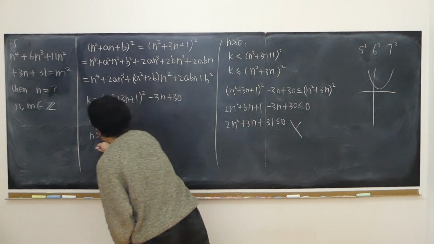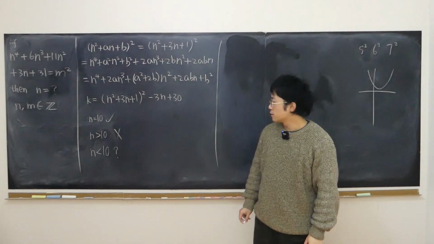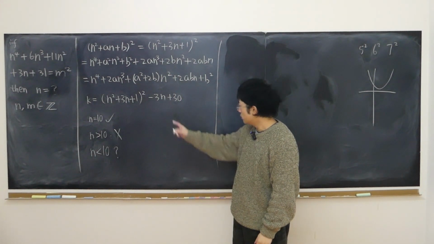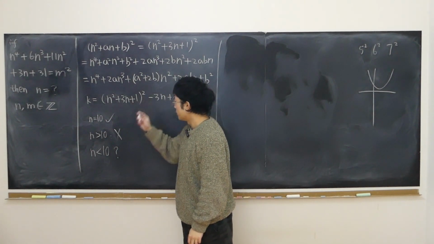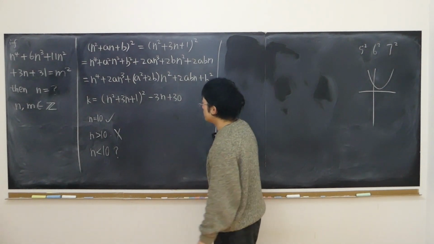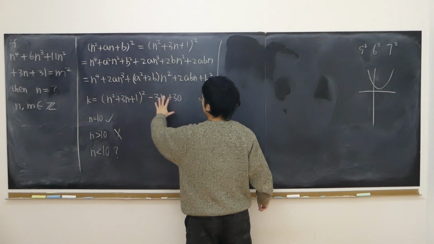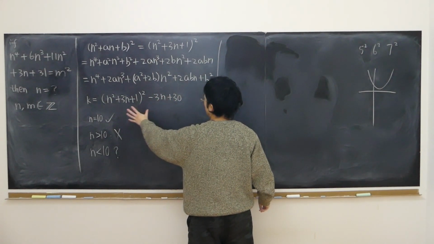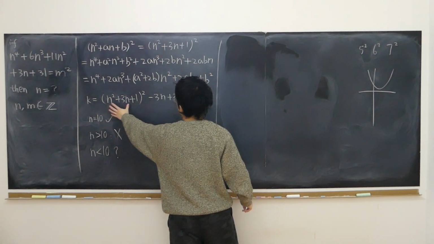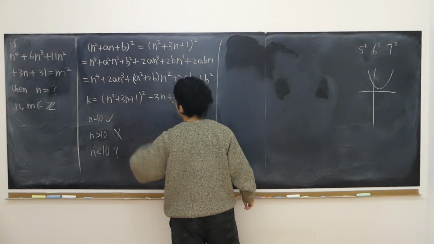How about when n is strictly larger than 10? We've just established it's impossible for n to be strictly larger than 10 and still make this polynomial a perfect square number. Not possible, because we've proven that in the end, this whole thing, if still being a perfect square number, cannot be less than or equal to the previous perfect square number, which is (n squared plus 3n) quantity squared.